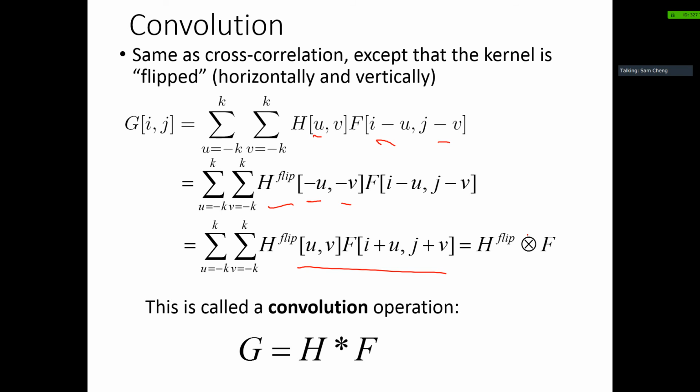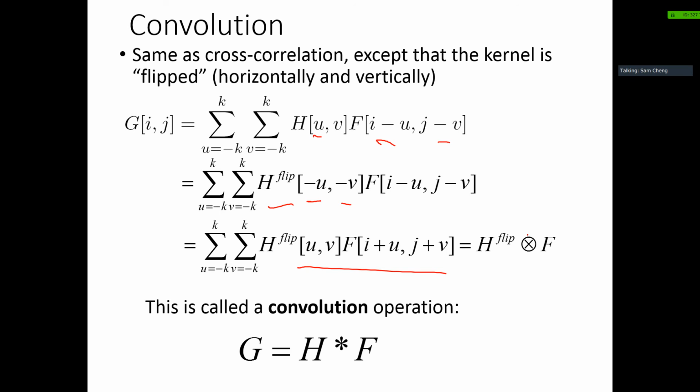Then you may ask: anyone feel a little annoyed by this? Why do we need convolution? Correlation looks much more literal, right? You have a patch, you do a dot product, and that's it. Why do we want to flip it?